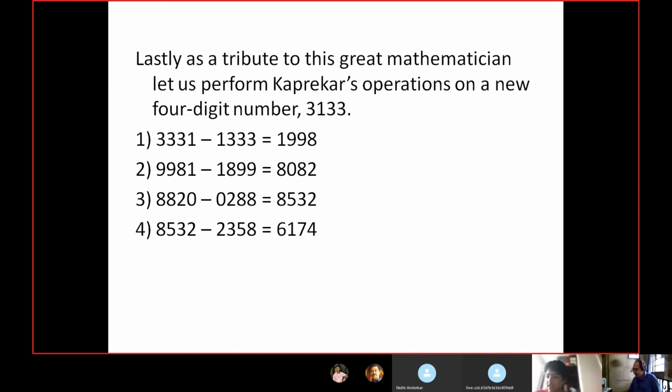Kaprekar's operations on a new 4-digit number. I got 6174 again. Got it? 6174. Yeah.